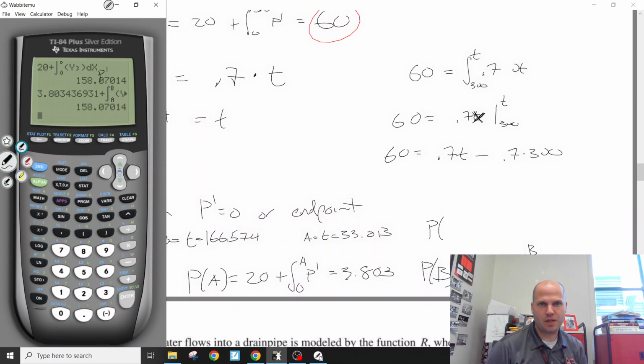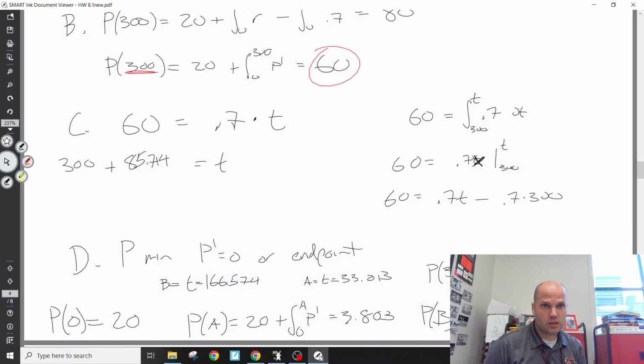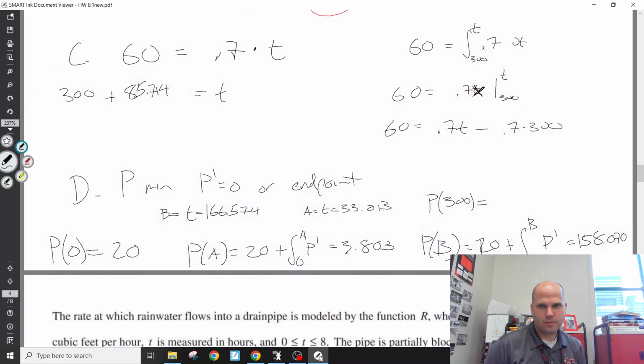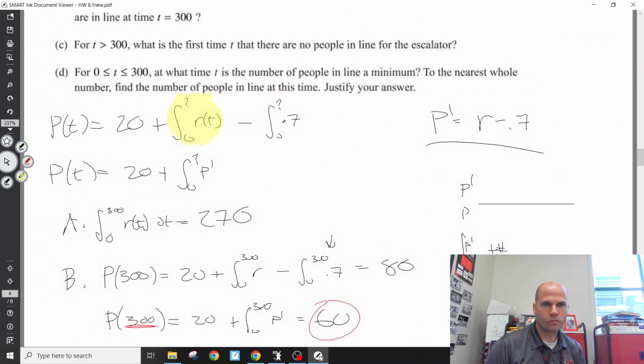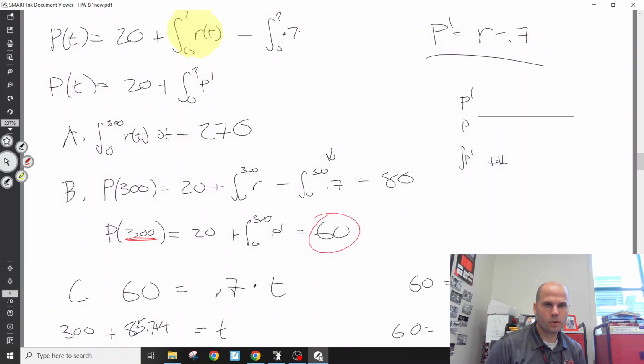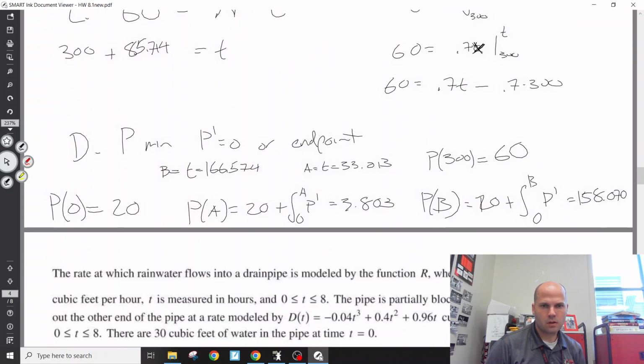And then we also need P of 300, which I already found, so I don't have to show work again. P of 300 is 60. Look at that. So, min P of A. You'll say there's 4. Min of 4 based on candidates test.